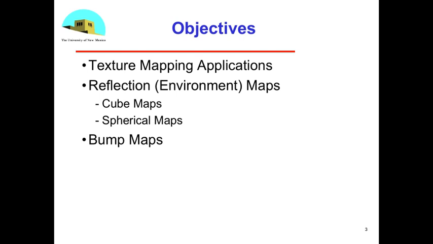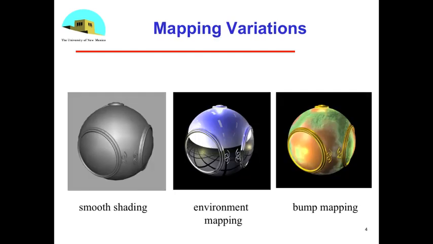first with cube maps and spherical maps, which are two ways of doing reflection or environment maps, and then, as we said, next lecture we'll look at bump maps. So the things we're trying to do is move from this smooth shading and basic texture mapping, where we would put a pattern on these polygons that we make up this little ball, to having a more reflective type of surface by using the environment in which we want to place this object to form the texture map that we then place on it.